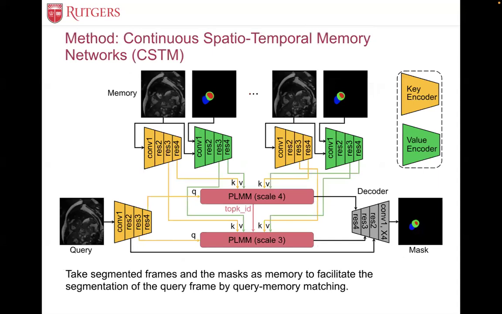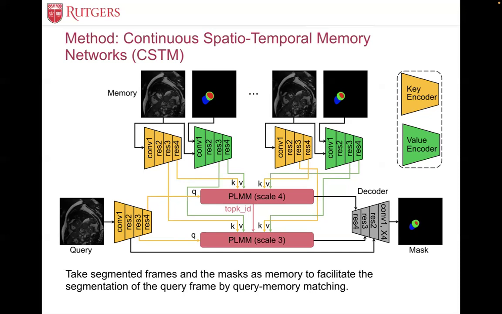To solve these challenges, we propose a novel method, CSTM, which is a continuous spatial-temporal memory network. Our method is based on the spatial-temporal memory networks used for video object segmentation in natural scenes. The core idea is to take segmented frames and the corresponding masks as the memory to facilitate the segmentation of the query frame by query memory matching.